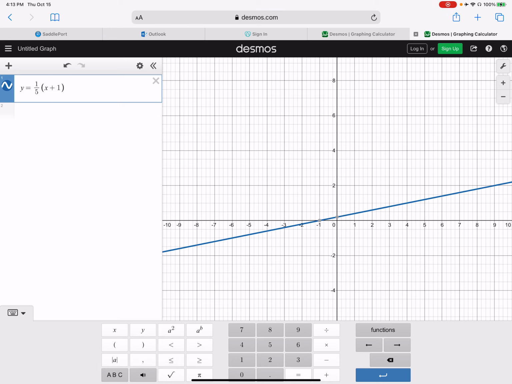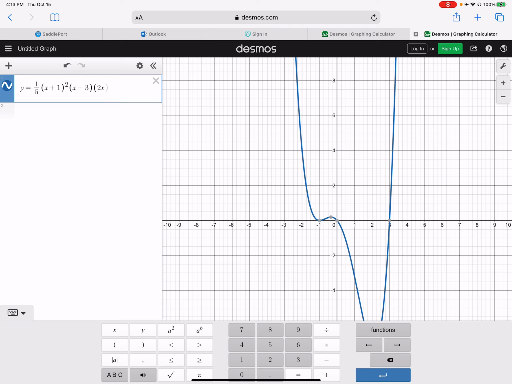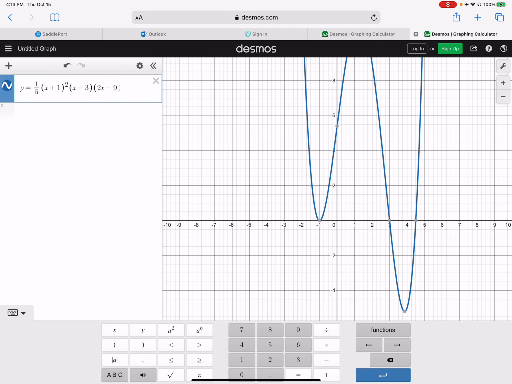And if you hit that squared button, it will put the square on it. Then I have another left parenthesis, and we have x minus 3, and then a right parenthesis, and then a left parenthesis, the 2x minus 9, and a right parenthesis.